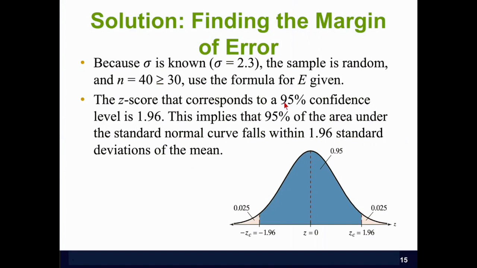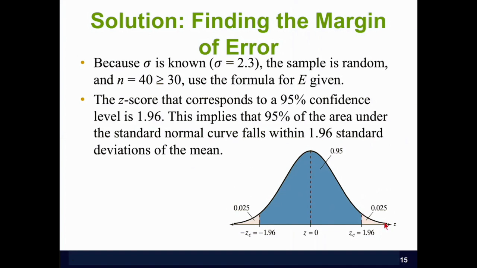The z-score that corresponds to a 95% level of confidence is 1.96. This implies that 95% of the area under the standard normal curve falls within 1.96 standard deviations of the mean, 1.96 to the right and 1.96 to the left. Remember, how do we find this value? We know that the area in blue is 95%, and therefore the area in the tails is 5%, half on the upper tail and the other half on the lower tail.